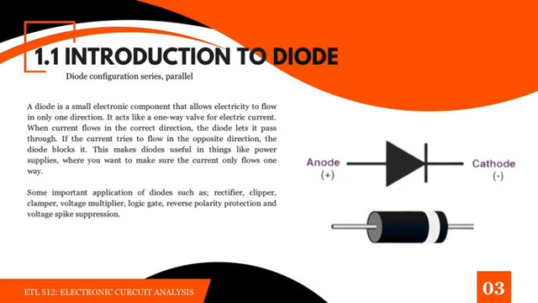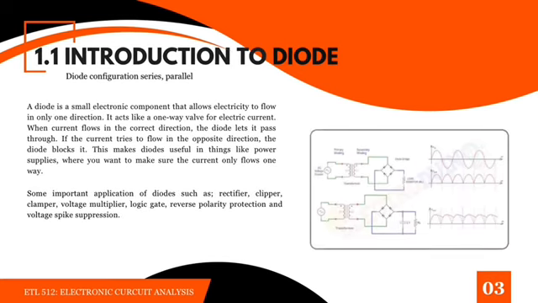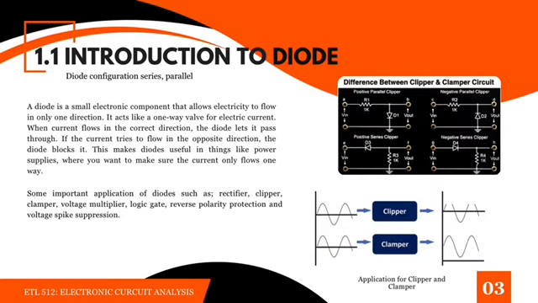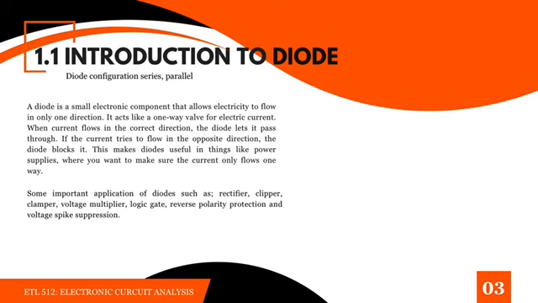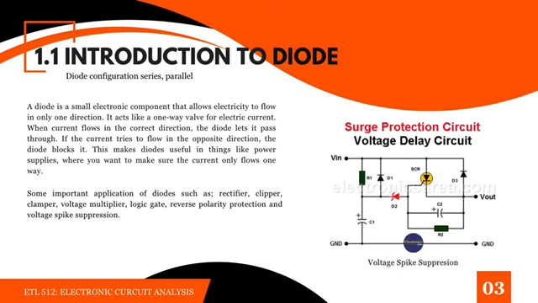This property makes diodes very useful in applications where unidirectional current flow is essential, such as in power supplies. Diodes are commonly used in various circuits including rectifiers, clippers, clampers, voltage multipliers, logic gates, reverse polarity protection systems, and circuits for suppressing voltage spikes.